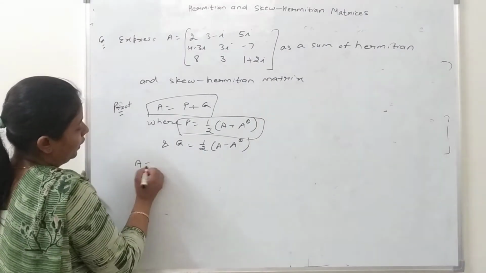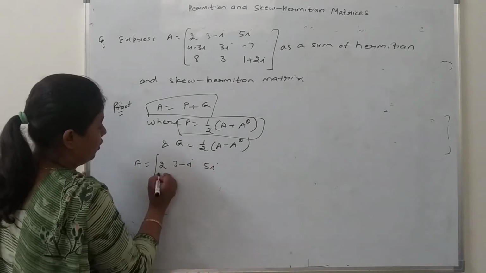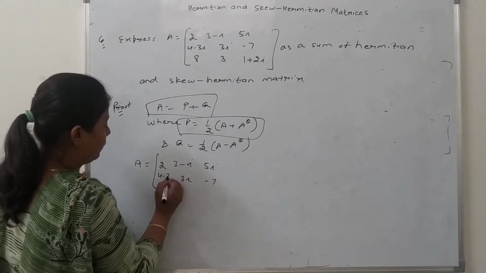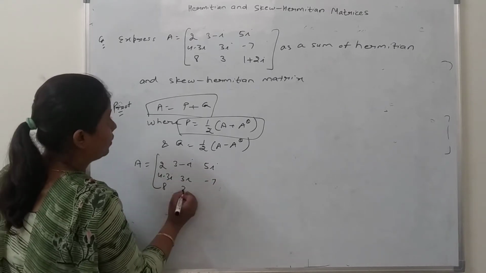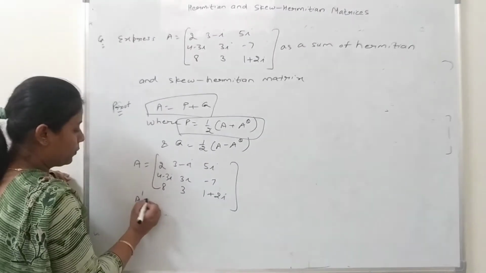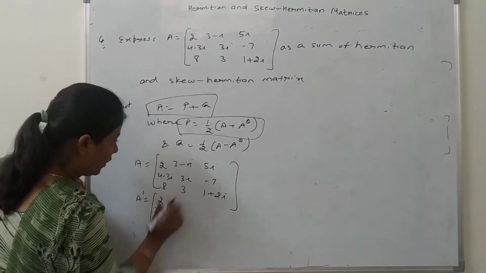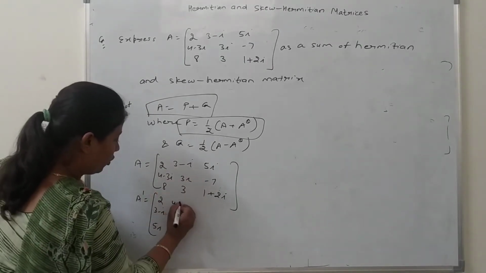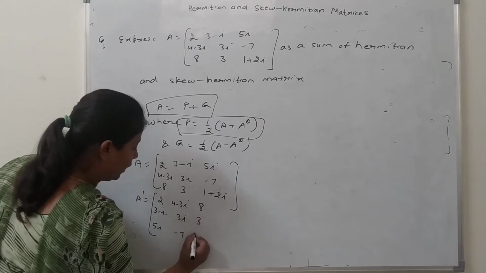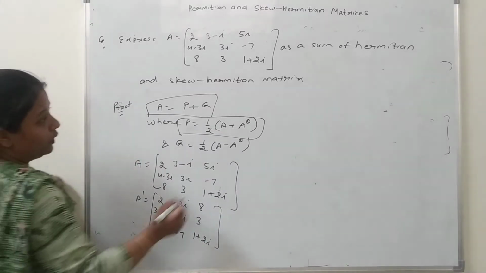A is this: 2, 3 minus iota, 5 iota, 4 minus 3 iota, 3 iota minus 7, 8, 3, 1 plus 2 iota. Now firstly we will find the transpose: 2, 3 minus iota, 5 iota, 4 minus 3 iota, 3 iota minus 7, 8, 3, 1 plus 2 iota. Okay, now we will take the conjugate of this.